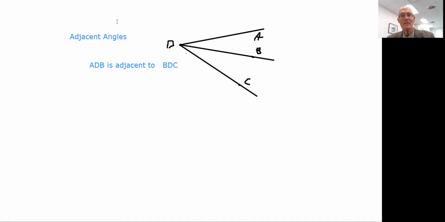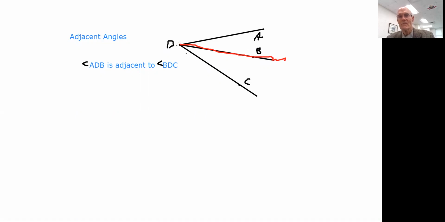I put my angle symbols in here. So angle ADB is adjacent to angle BDC because they have this common side. This common side that goes right down through here, okay? So adjacent angles will have the same vertex, and they will have a common side.